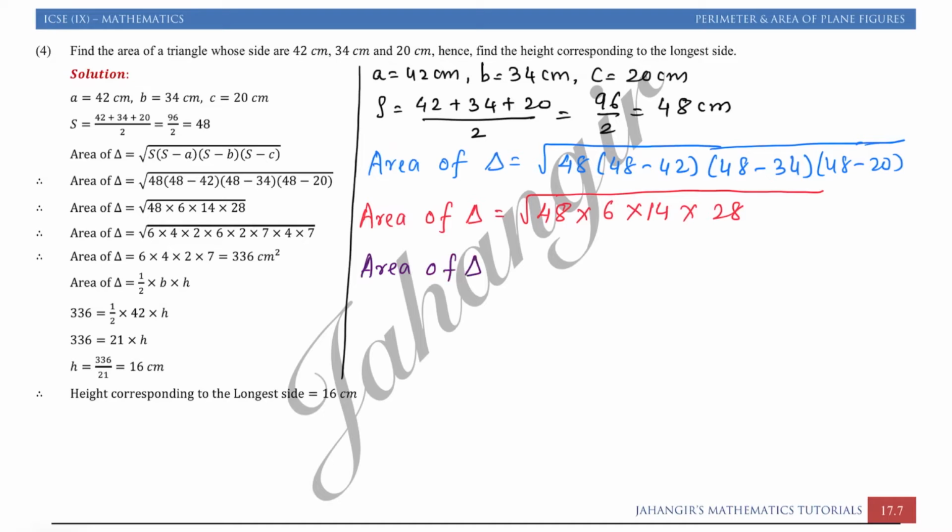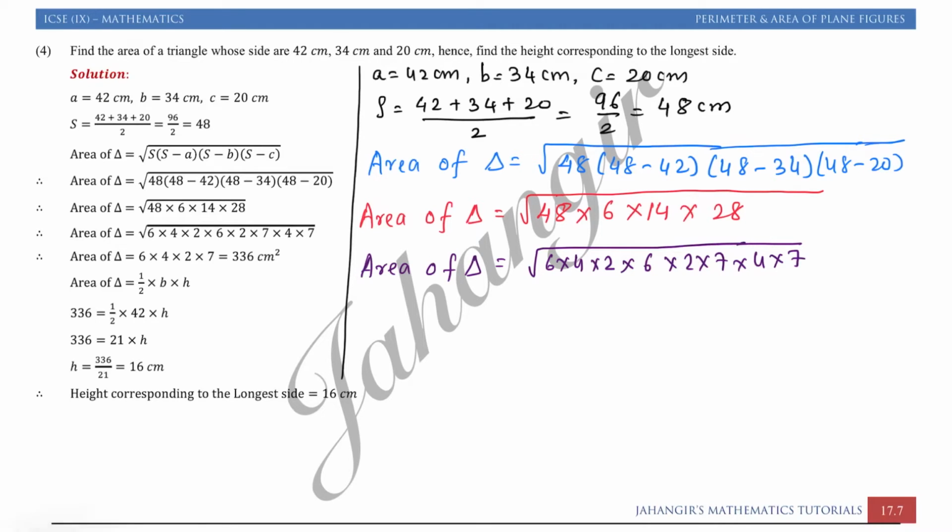Area of triangle is equal to root of 48, we can write 8 into 6. 6 4s are 24, 24 2s are 48, into 6 again, into 2 into 7, into 4 into 7.